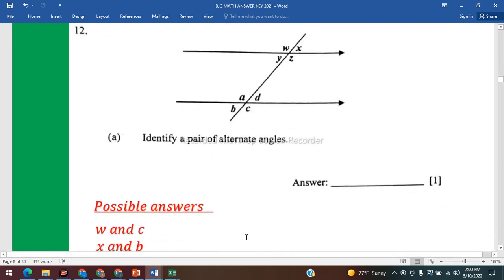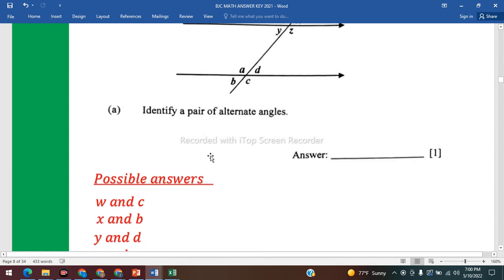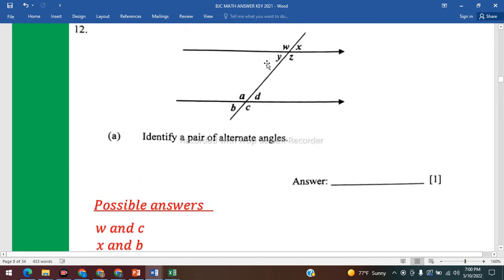So we have possible answers. W and C. This one and this one. X and B. Y and D. I think Y and D is the most obvious one because that looked like a Z. You see what I'm saying? So here's the Z that we're looking for.